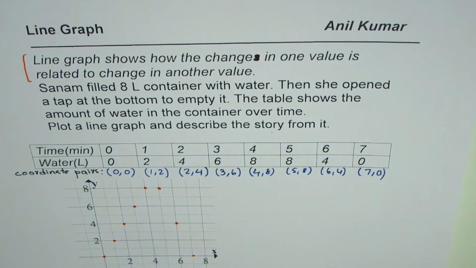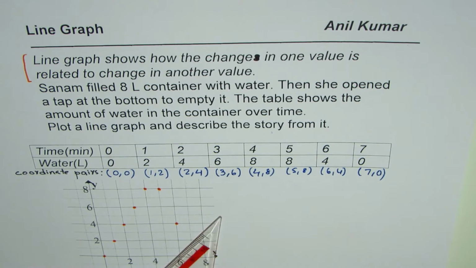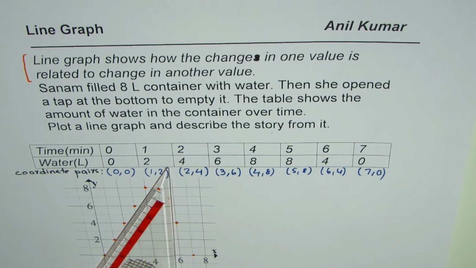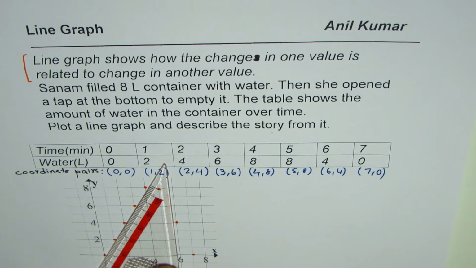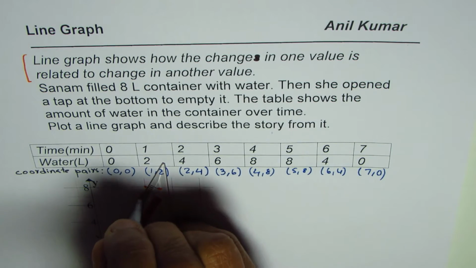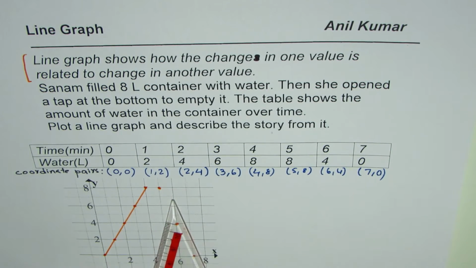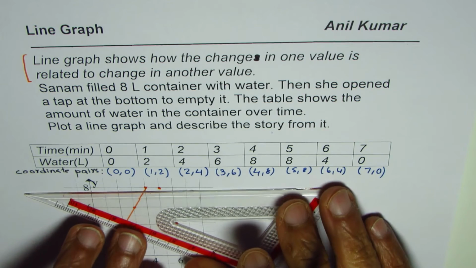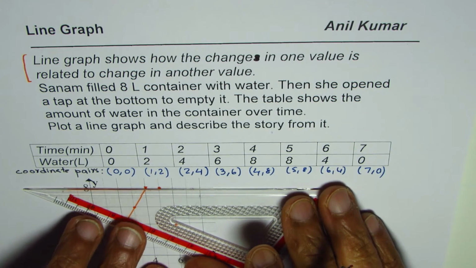When we say line graph, we need to connect these points, right? So let us connect them with a straight line. The first 5 points seem to fall in a straight line, so I'll connect them all together. Then let's move right to connect the next one.